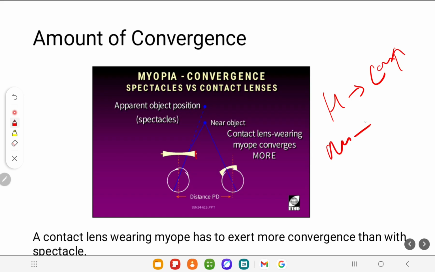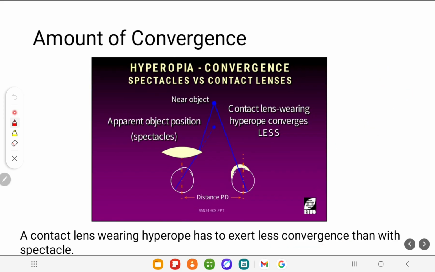A myopic converges less with spectacle. It's very important. At the same time, whenever you switch from spectacle to contact lens, exactly it's reverse. So with contact lens, a myope has to exert more convergence than with a spectacle.